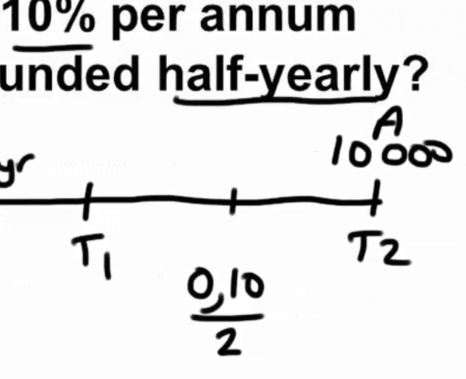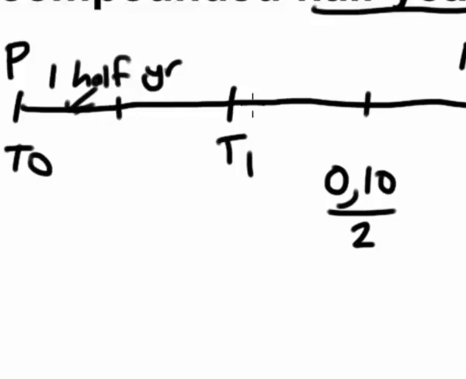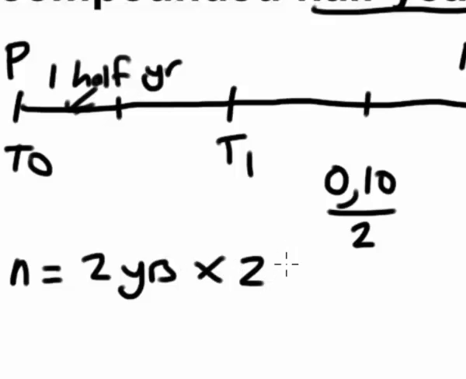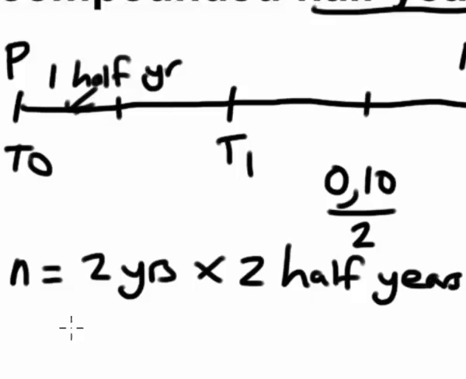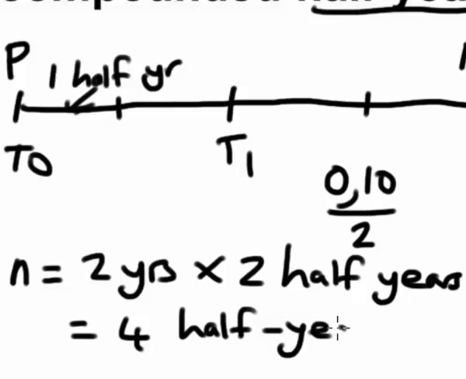So if you think about this carefully, for the period of 2 years, the time period would be 2 years, which it is, they said 2 years, multiplied by 2 half years. That will give you, of course, 4 half years. So the time period is 4 half years.